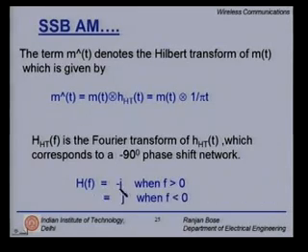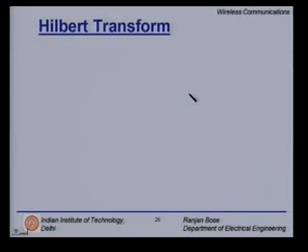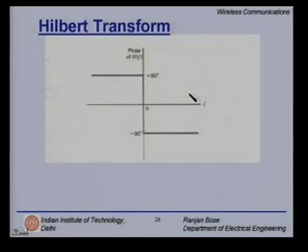H of f is given by minus j when f is greater than 0 and j when f is less than 0. So, this is the famous Hilbert transform, very useful for SSB AM signals. So, in the frequency domain you have for f greater than 0 minus 90 degrees phase, and for f less than 0 plus 90 degrees.